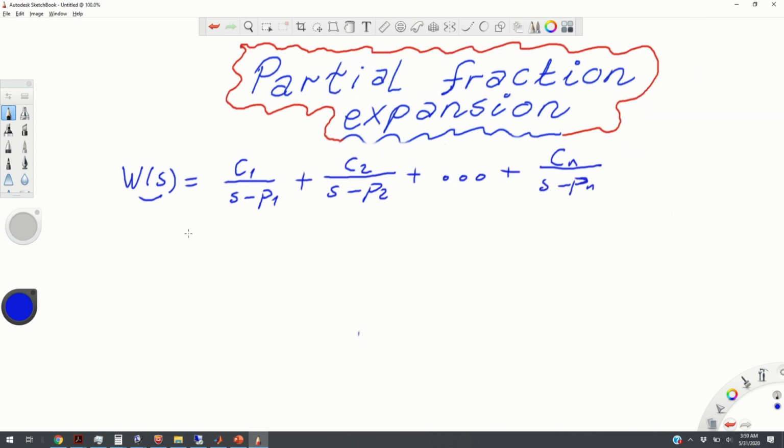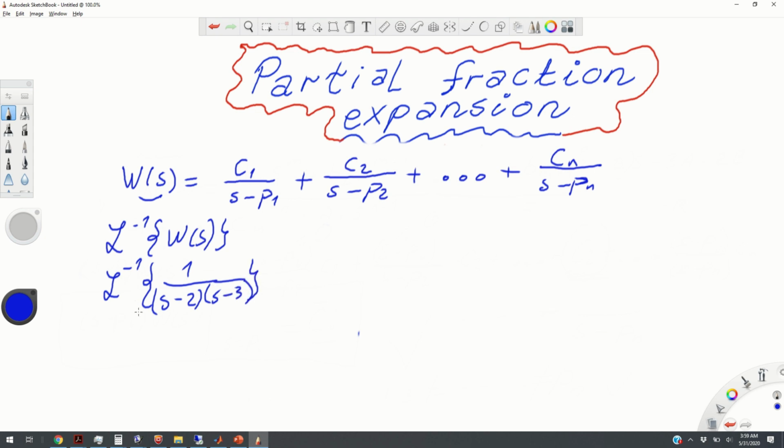Here you can also see why partial fraction expansion is important. Say that we want to compute the inverse Laplace transform of W(s). If we had the original expression, for example 1 over (s minus 2) times (s minus 3), we would have difficulties computing the inverse Laplace transform in this form.